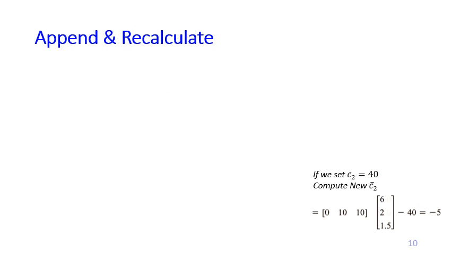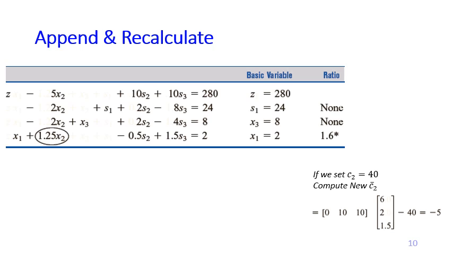After you recompute the new C2 hat, you get the old table, but then you replace the coefficient of x2 with the one you just recomputed. So here it becomes -5. Everything else in this table is exactly the same as the original optimal table of the original problem.